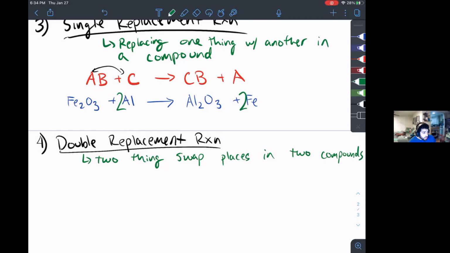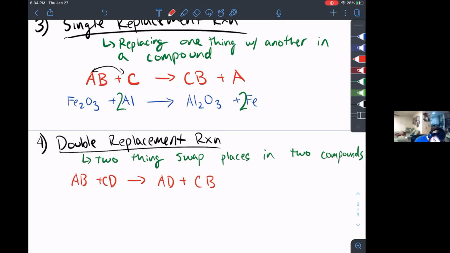So a good reaction that can kind of, oh, sorry, I'll do the thing first. AB plus CD will react to form AD plus CB. Basically, the A and the C swap places in their compounds.